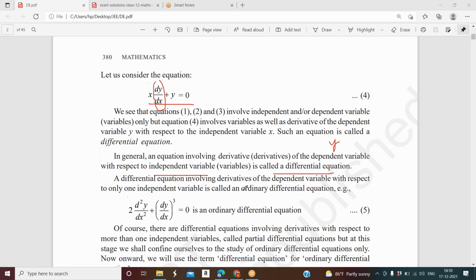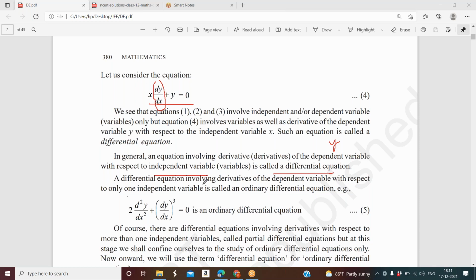So here, if you consider this equation, y is a dependent variable, y is depending on x, and x is an independent variable. It contains only one derivative, dy by dx, the dependent variable y with respect to an independent variable x. So this is called a differential equation.